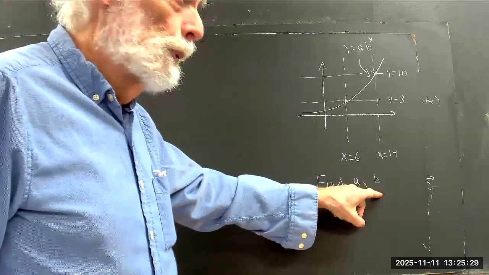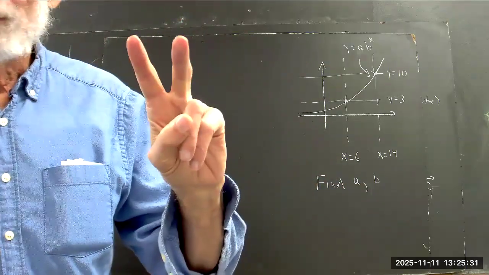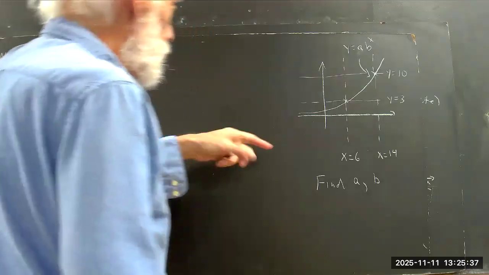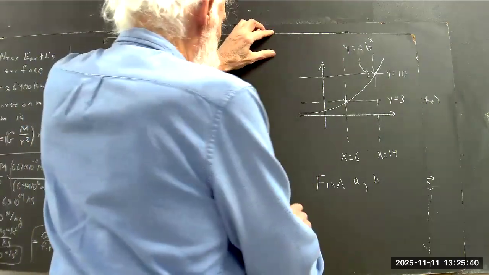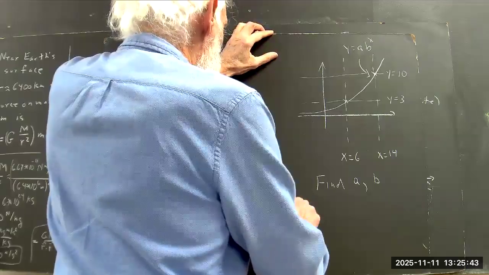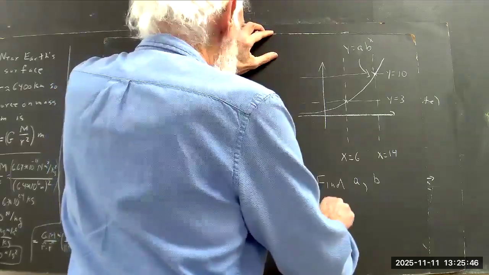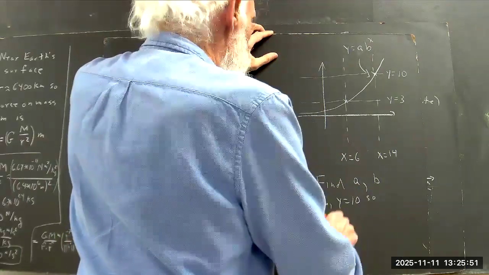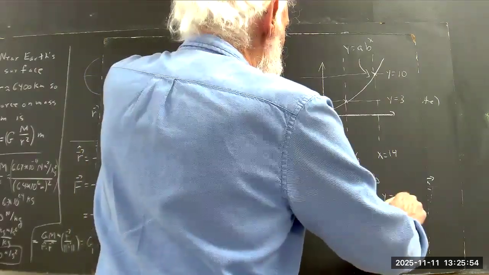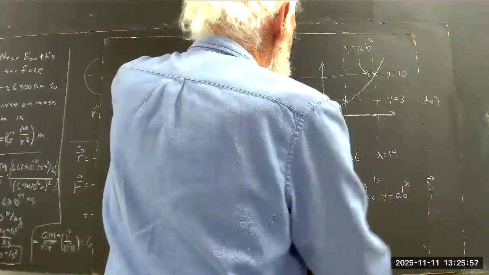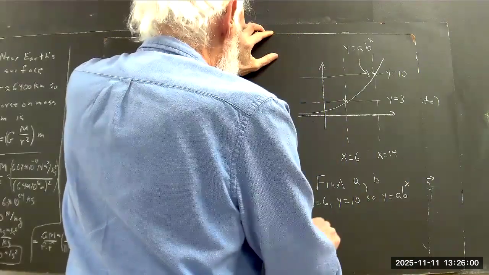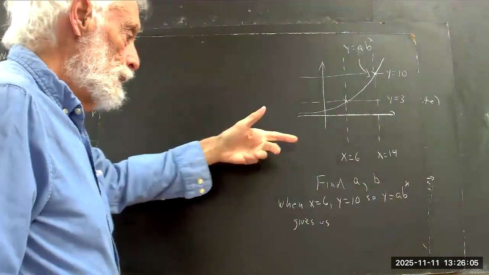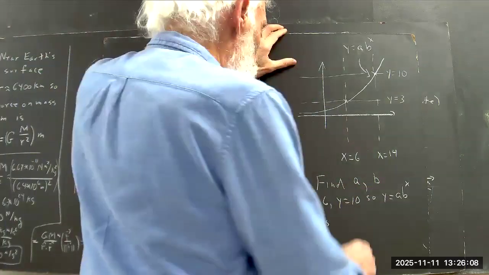If we're going to try to find 2 parameters, we're going to need 2 equations. We could get an equation from each of these points. When x equals 6, y equals 10. So the form of the function with the 2 parameters, we plug in x equals 6 and y equals 10.